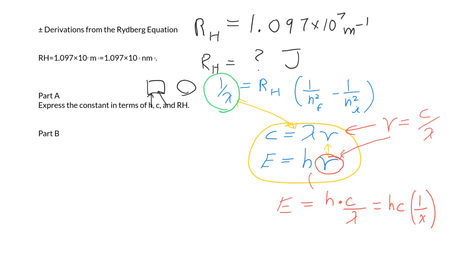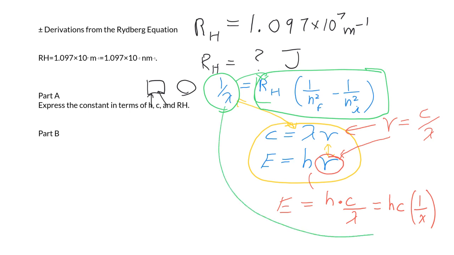If 1 over wavelength is equal to RH times all this according to that equation, we can substitute in for that inverse wavelength.